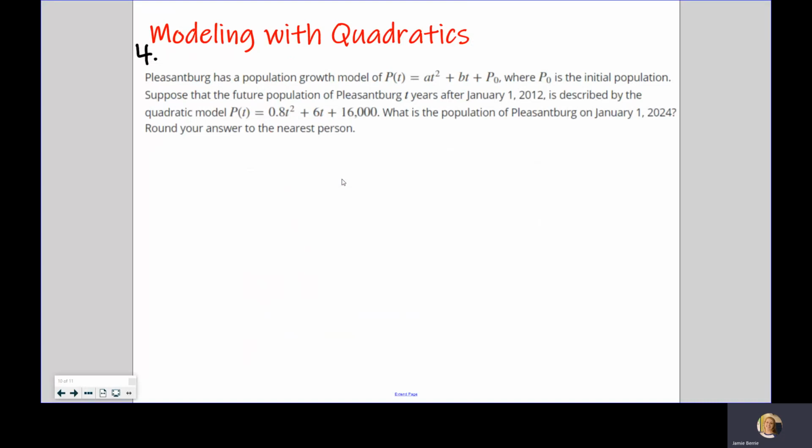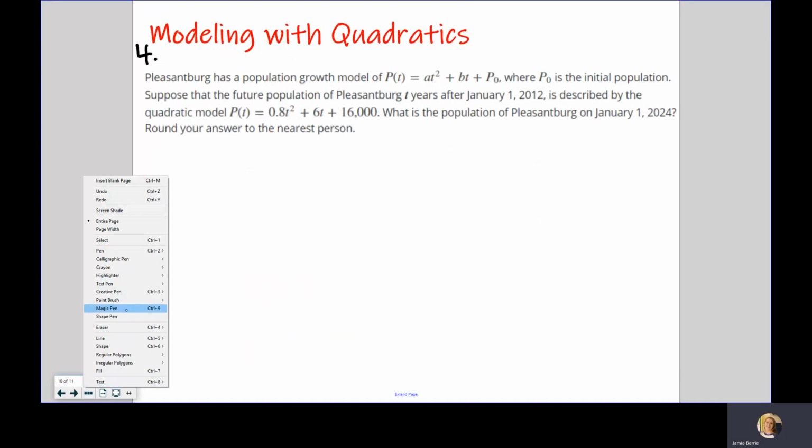It says, Pleasantburg has a population growth model of P of t equals at squared plus bt plus P0, where P0 is the initial population. Suppose that the future population of Pleasantburg, t years after January 1st, 2012, is described by the quadratic model P of t equals 0.8t squared plus 6t plus 16,000.